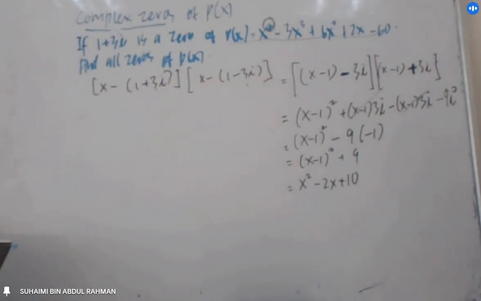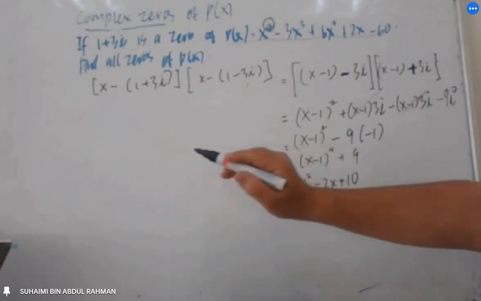Because the power of x is not 1. If the power of x is not 1, we cannot use simple division. So we use long division.